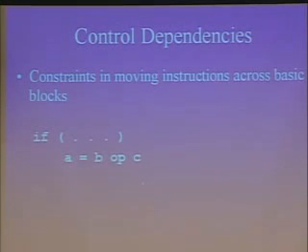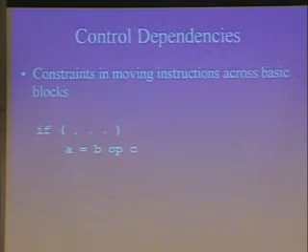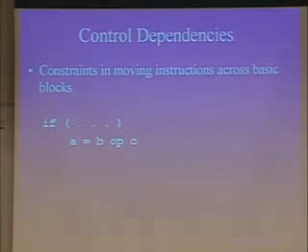There are other interesting things. Assume there's no control, and I am doing something like this. There's no real data dependence because the condition doesn't write anything, and assume the condition is not on A. Can you move things up?